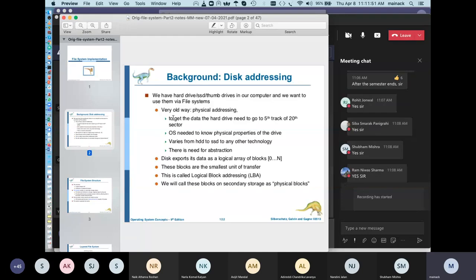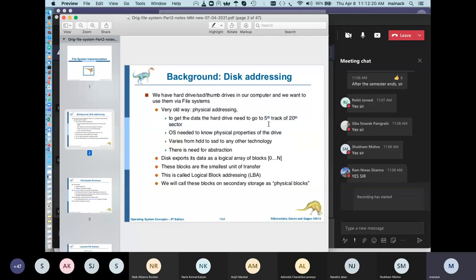Now, the old way: you are an OS developer now, think about it in those shoes. You got a hard drive, the disk. The old way for your operating system to access this hard drive was to tell the hard drive what data you want using physical addressing, which might sound like: give me the data from the 5th track of the 20th sector.